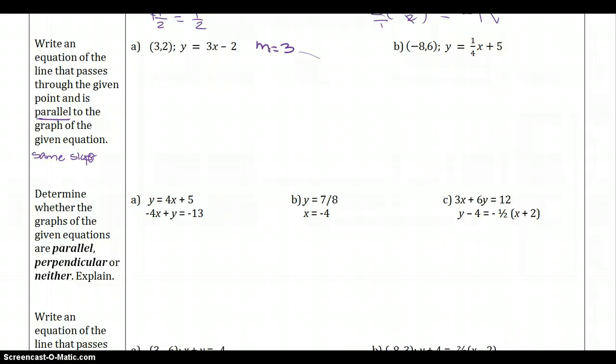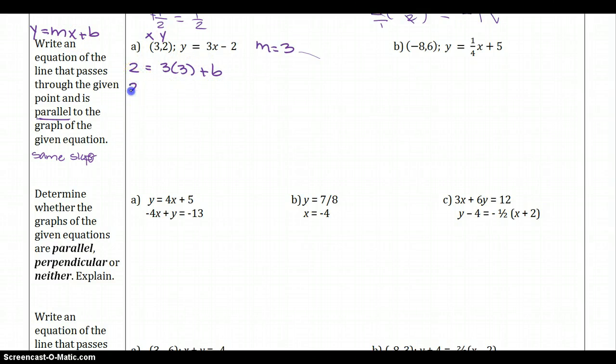Always, though, I'm going to tell you now, when I write equations of lines in this section, I want them to be in y equals mx plus b. My options, though, are how to get there. So the first way we learned how to do this, given the slope and a point, was to just plug in the x and the y into y equals mx plus b. So instead of y, I'll write 2 equals m, which is 3, times x, which is 3, plus b.